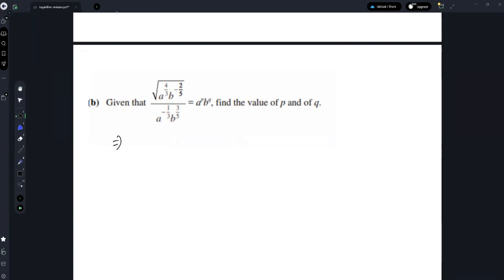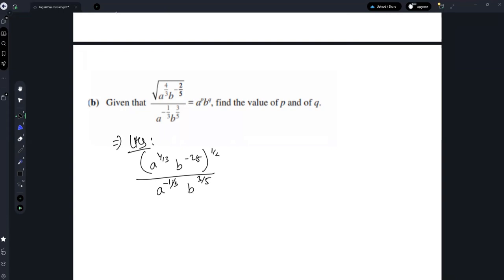So what I'm going to do is, for the left-hand side, I'll write this whole thing, a to the power 4 by 3 and b to the power minus 2 by 5, whole to the power half, because the square root here shows that it's going to be half power, divided by a to the power minus 1 by 3, b to the power 3 by 5.